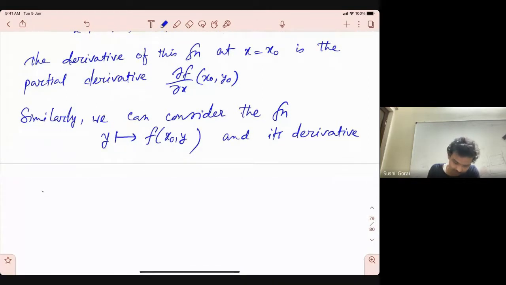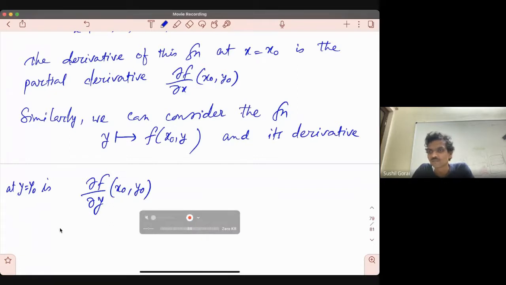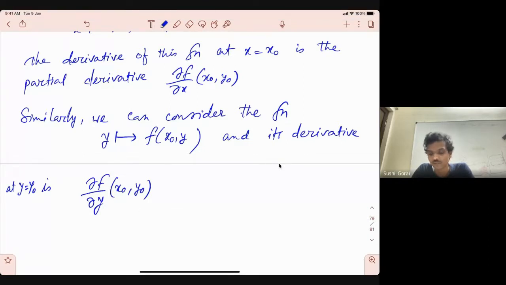Its derivative at y equal to y naught is del f by del y at x naught y naught. So is this clear? Any question till now? The partial derivatives, the interpretation of partial derivative.